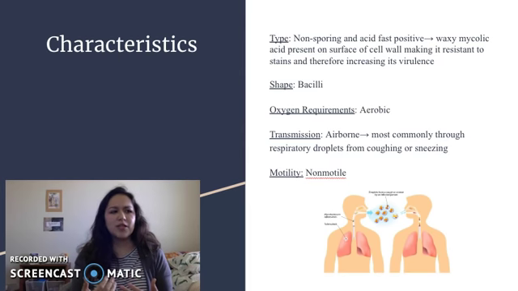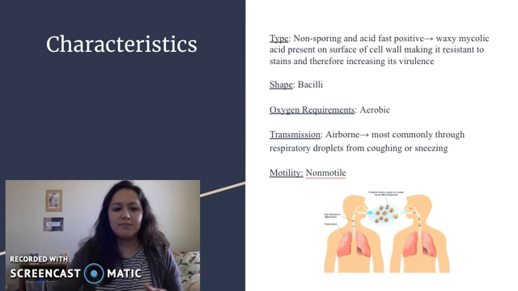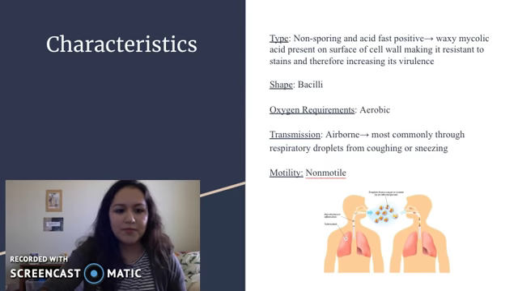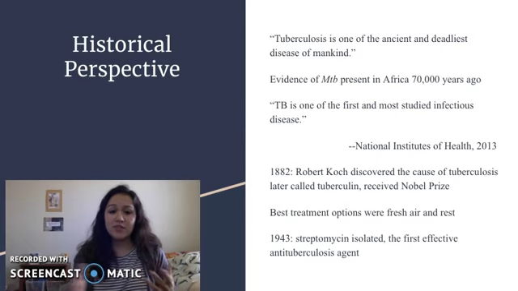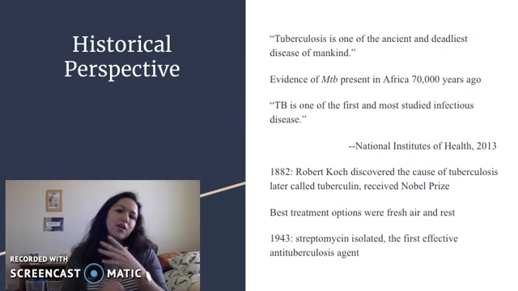So you can contract the disease or the infection through respiratory droplets from the sputum of an infected patient. That's how you can get the disease. And it is non-motile.